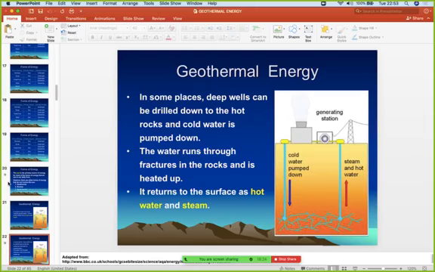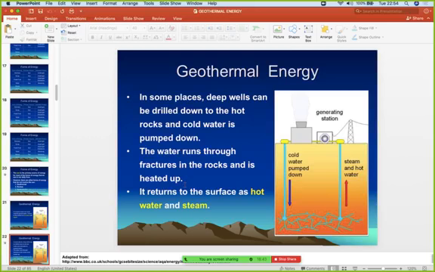Okay. So in some places, deep wells can be drilled down. Like this, you can dig a hole. Cold water is pumped down. When it is pumped down, because of the opposite pressure, the water runs through fractures in the rock and is heated up.